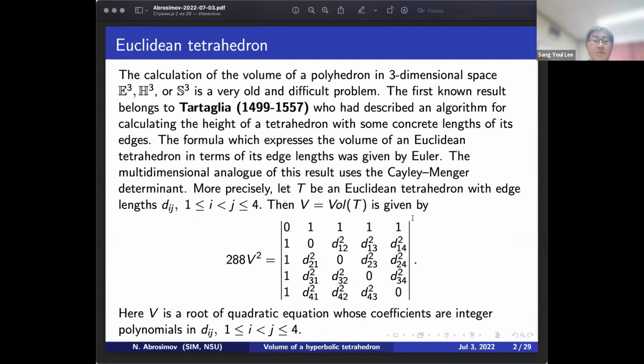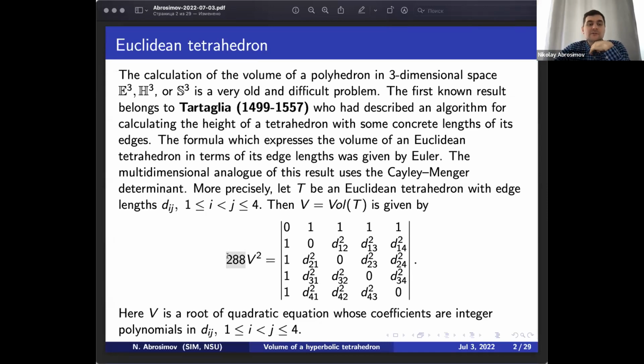There is the number 288 in this matrix. This number. Yeah. So do you have any meaning of this number? Well, there is a generalization for higher dimensions of this formula for the volume of a Euclidean simplex.